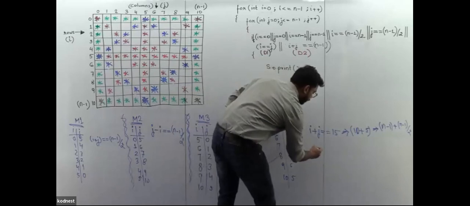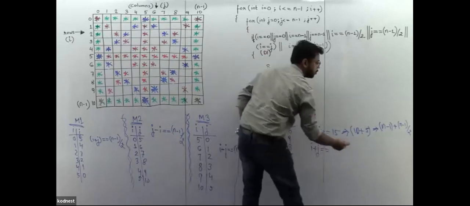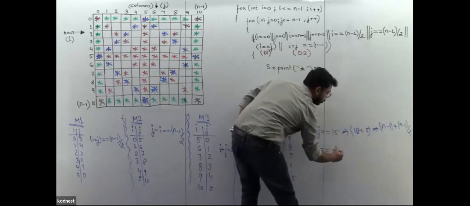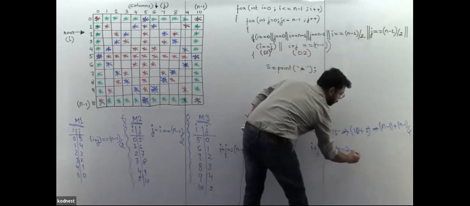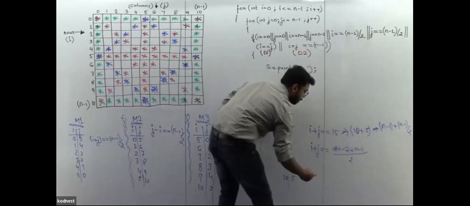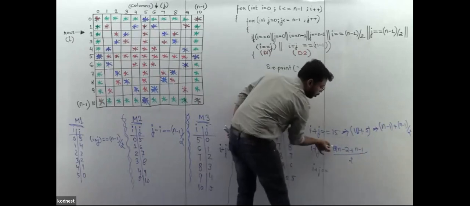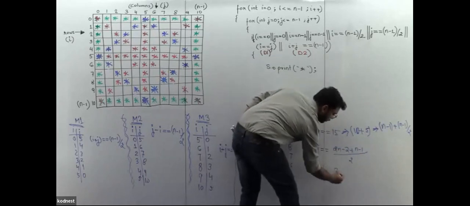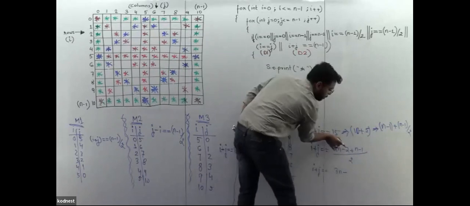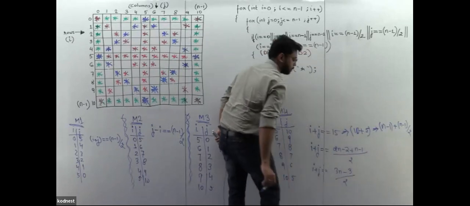Let us write it again. So I will tell here I plus J is equal to 2n minus 2 plus n minus 1 entirely divided by 2. Again I plus J is equal to 2n plus n, 3n, minus 2 minus 1, minus 3, divided by 2.